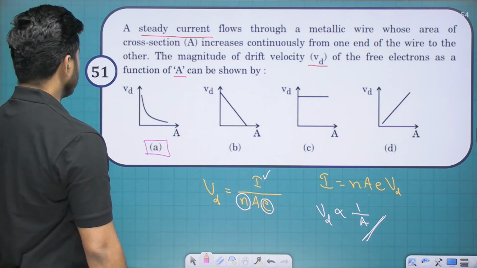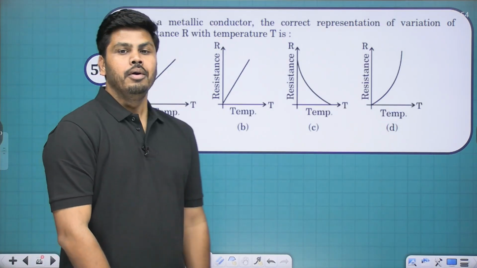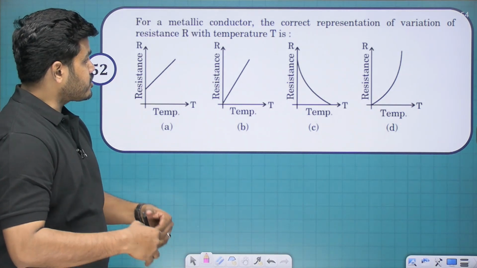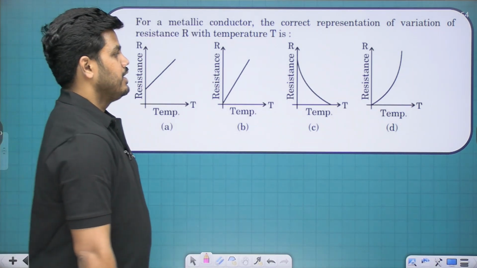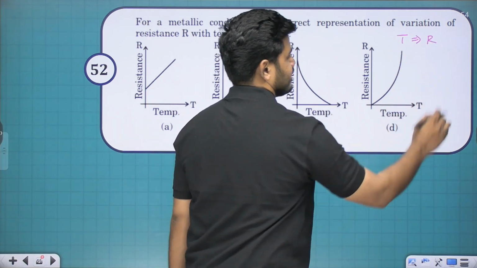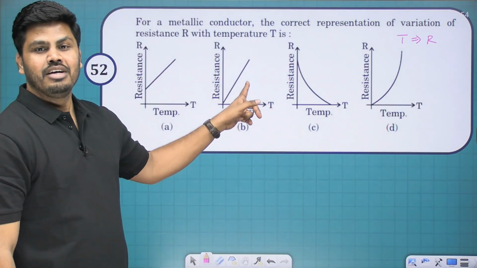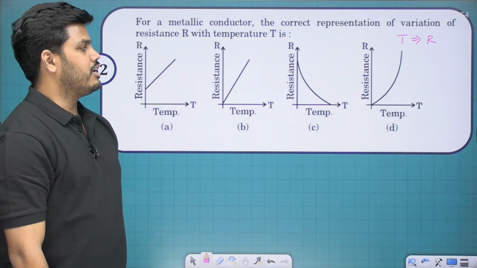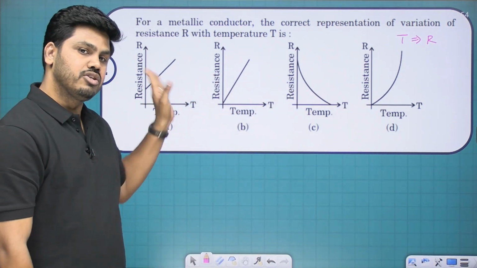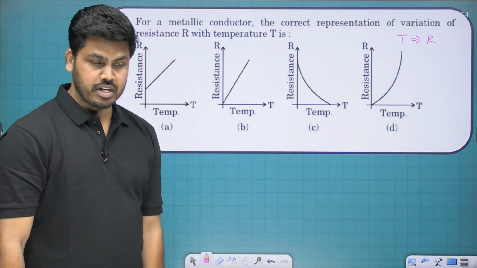Okay, question number 52. Now, for a metallic conductor, the correct representation of variation of resistance with temperature. Temperature dependence of resistance, right? Yes, we got temperature versus resistance, graphical representation. Four options are given, resistance along y-axis and temperature along x-axis.